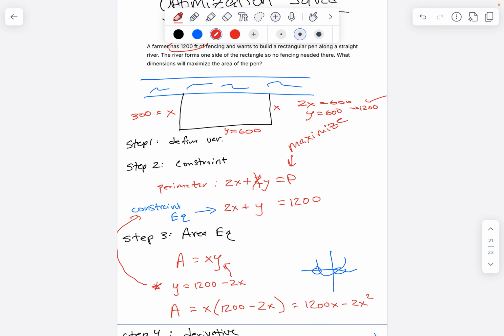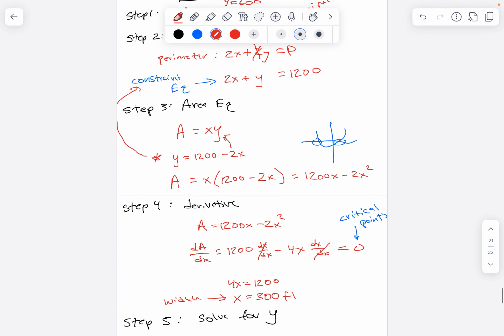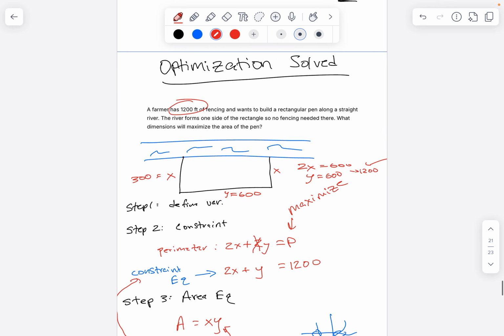Substitute so that you only have one variable, which simplifies the differentiation process. Take the derivative, set it equal to 0, and find your maximum or minimum. Then plug that variable back into your constraint equation and solve for the second variable. That is the full process that should work every single time for any optimization problem. Hope that helps.